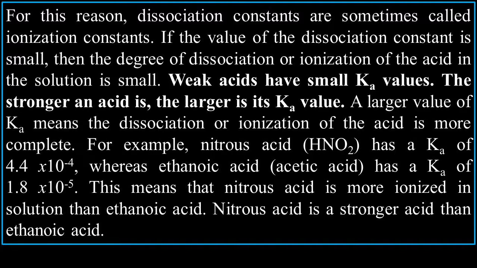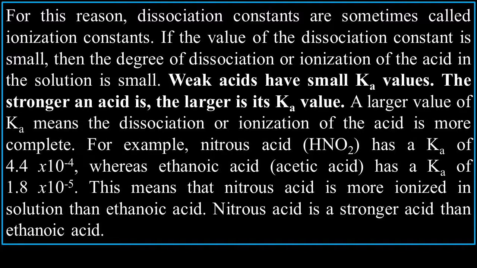If the value of the dissociation constant is small, then the degree of dissociation or ionization of the acid in the solution is small. Weak acids have small Ka values. The stronger an acid is, the larger is its Ka value. A larger value of Ka means the dissociation or ionization of the acid is more complete.